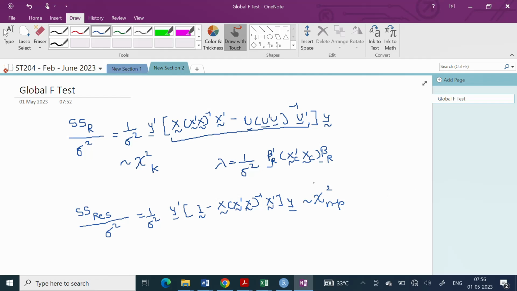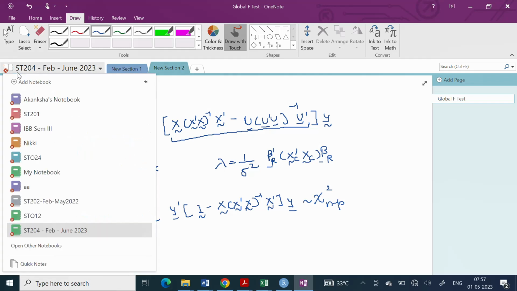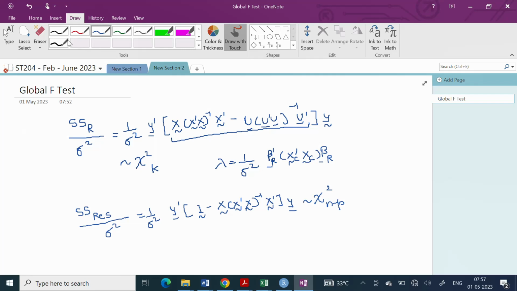We know from distribution theory that the ratio of two chi-squares divided by their respective degrees of freedom follows F distribution. But there is one condition, that these two chi-squares have to be independent chi-squares. So let us now try to see if the chi-squares that we have currently are independent.